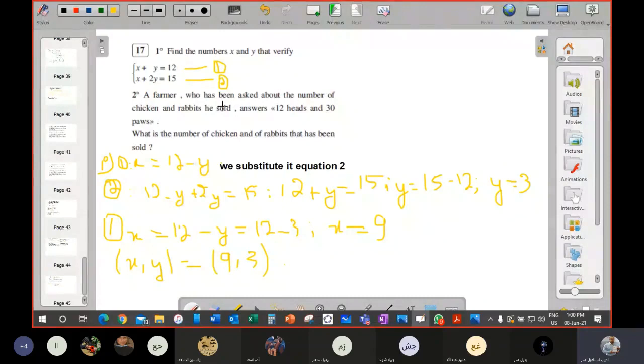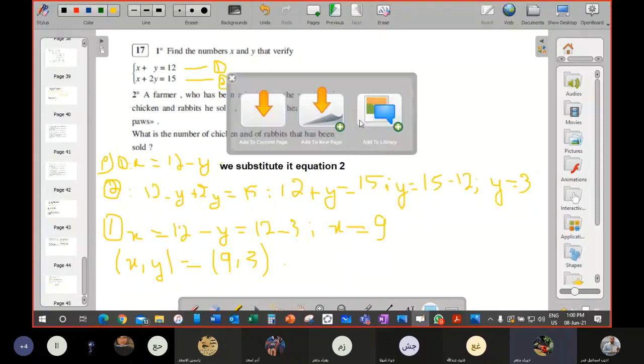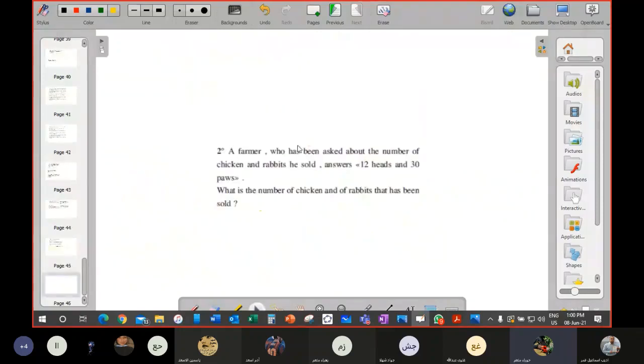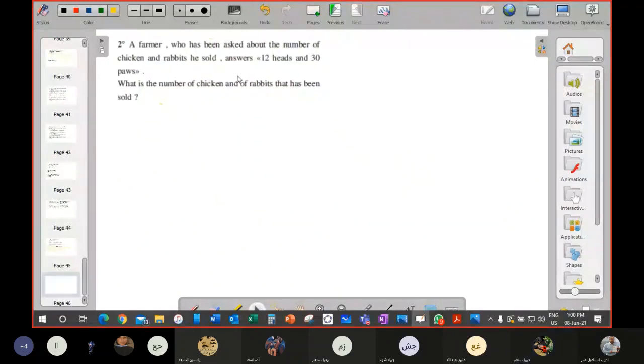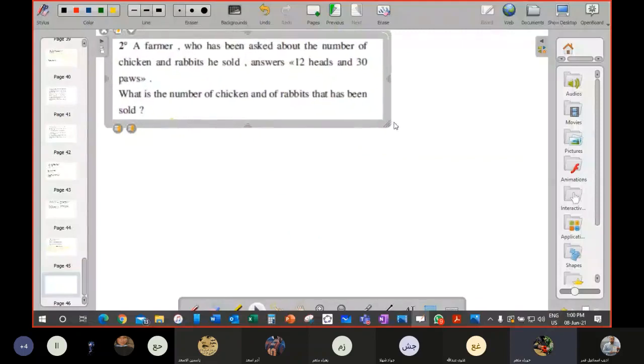Read part 2, Hawraa. A farmer who has been asked about the number of chickens and rabbits he sold answers 12 heads and 30 paws. What is the number of chickens and of rabbits that has been sold?